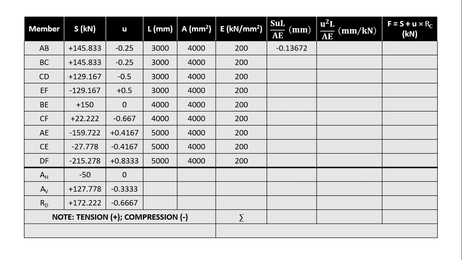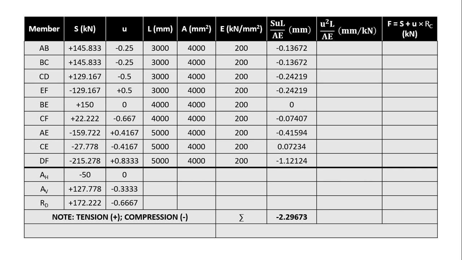Ito po yan. Okay, and then the following can be solved using the same manner. Then after which we are going to sum up the values, and then we get negative 2.29673.